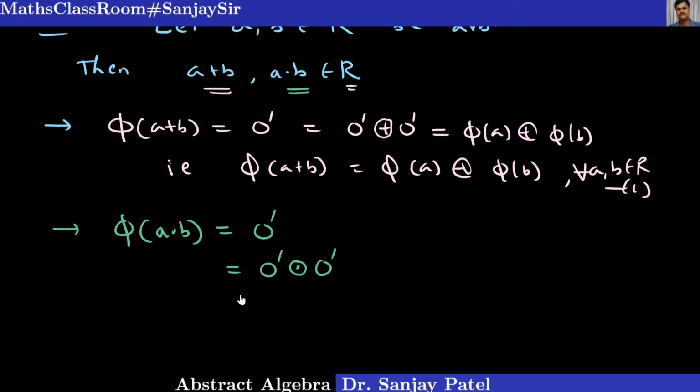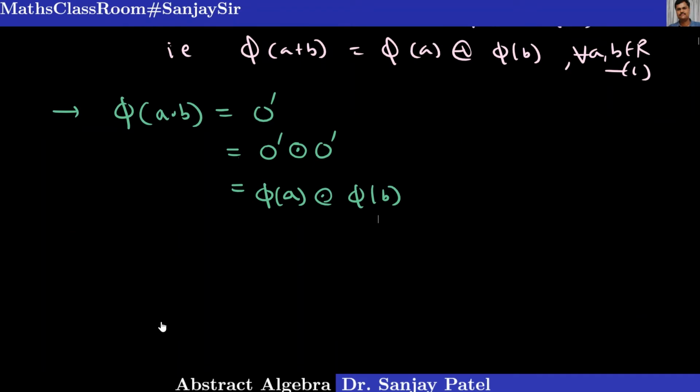So this I can write as phi of a, because for any x, phi of x equals 0 dash, so I can write phi of a is equal to 0 dash into phi of b. This is just by definition of the function phi, and this 0 dash is the zero element of R dash or the codomain ring.